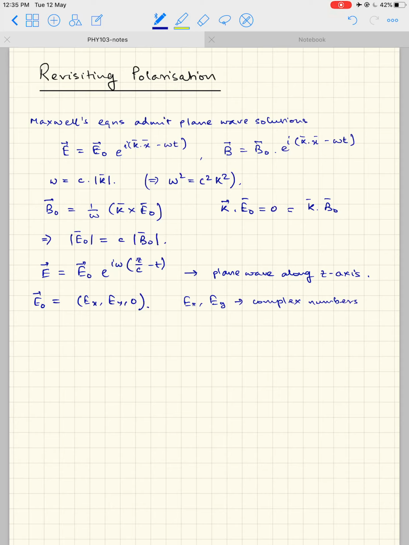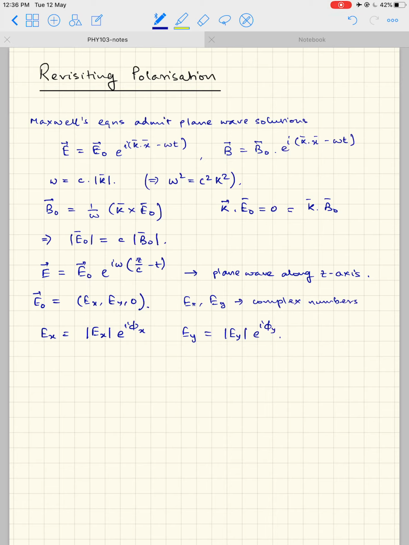Now, the two complex amplitudes, Ex and Ey, each have magnitudes and phases. So we will write these explicitly. So Ex is magnitude of Ex, e to the i phi x, and Ey is magnitude of Ey, e to the i phi y. Okay.